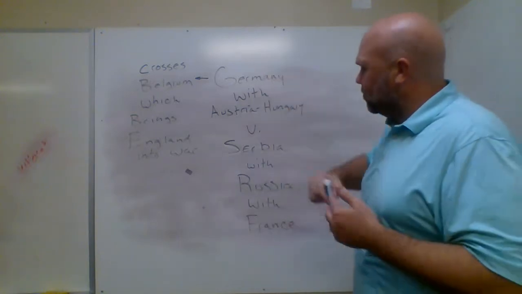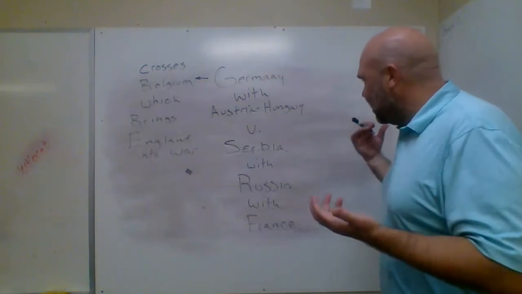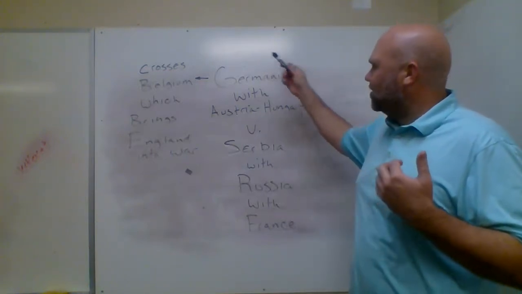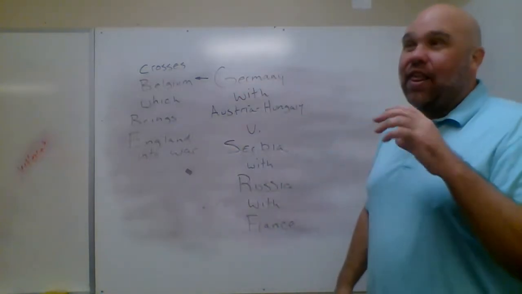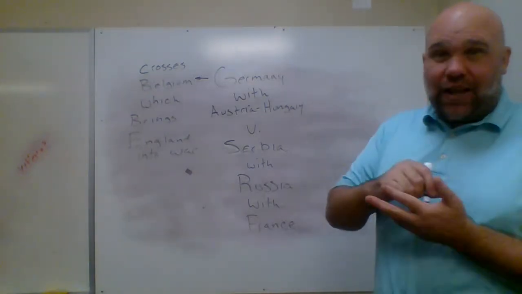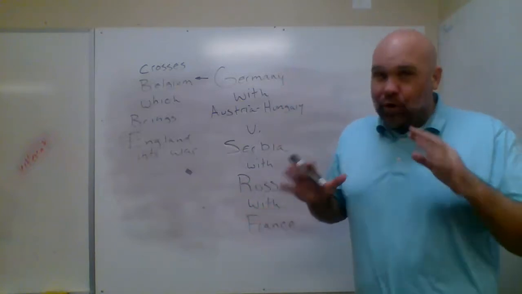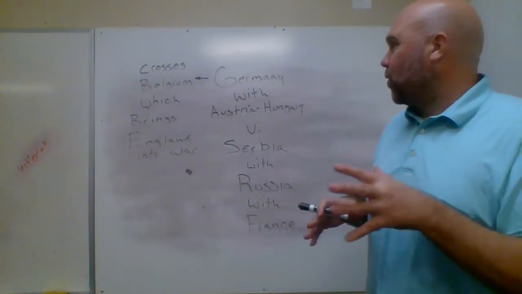Serbia is small, and Belgium is small, but these are the major players in Europe at the time. And how many are there? 1, 2, 3, 4, 5, 6, 7 countries are now at war with each other. That is crazy. If you were here watching that in another part of the globe today, you'd be worried. It would be like, uh-oh, something's going on here.